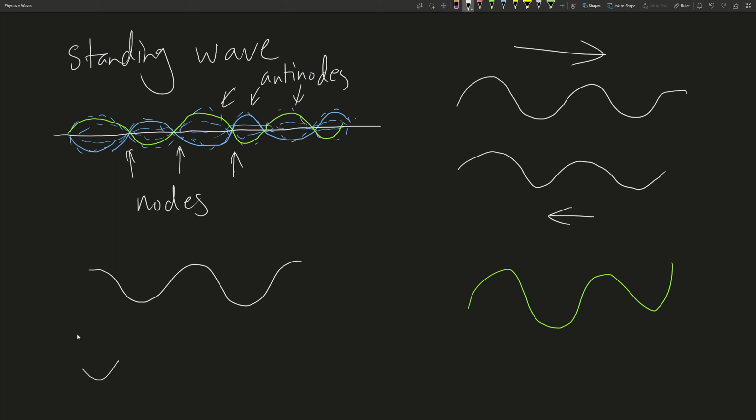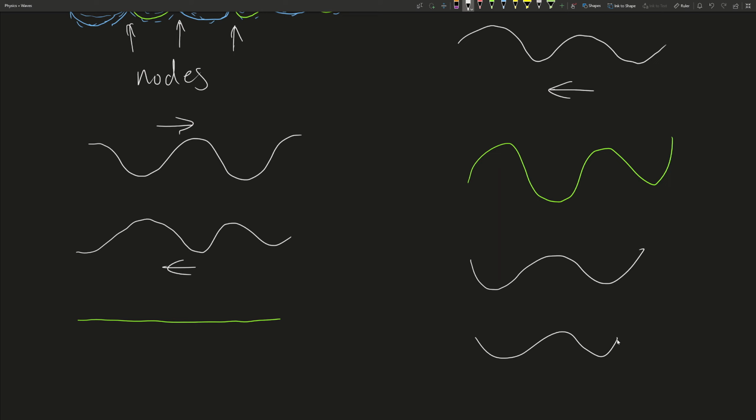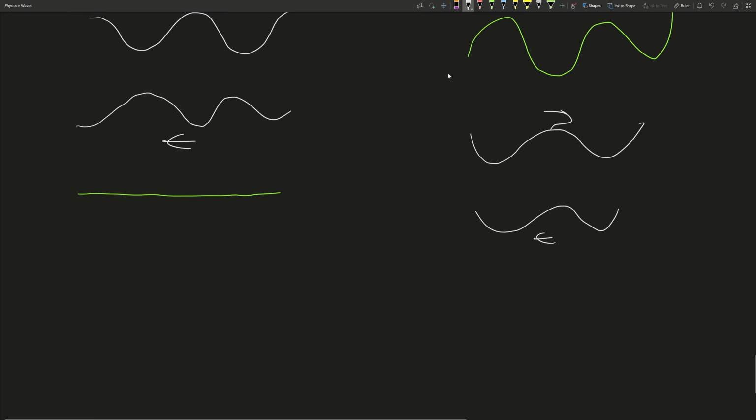So they'll perfectly cancel, and your wave will look like a flat line. Once this top wave travels again, it might look like that, and the bottom wave will travel in this direction and look like that, and then this wave will be a reflection of the original.